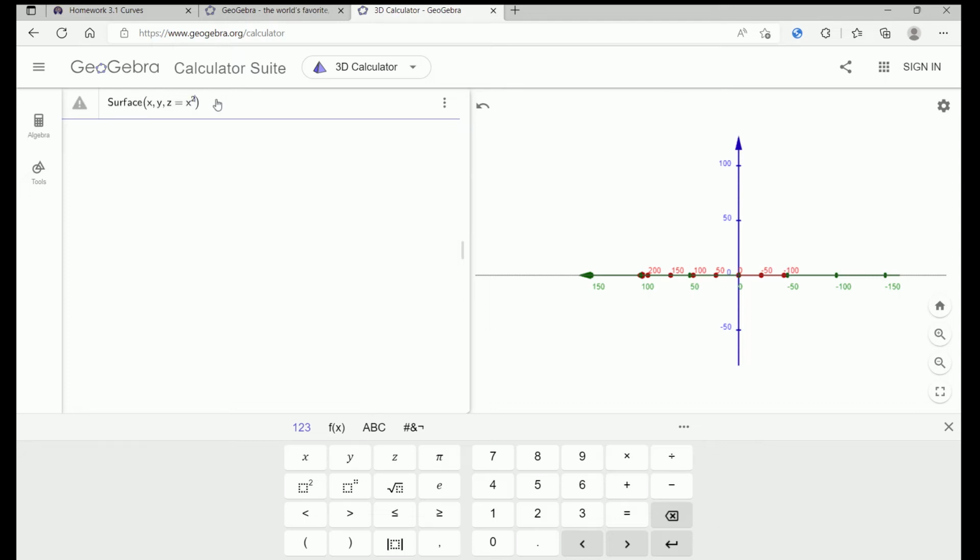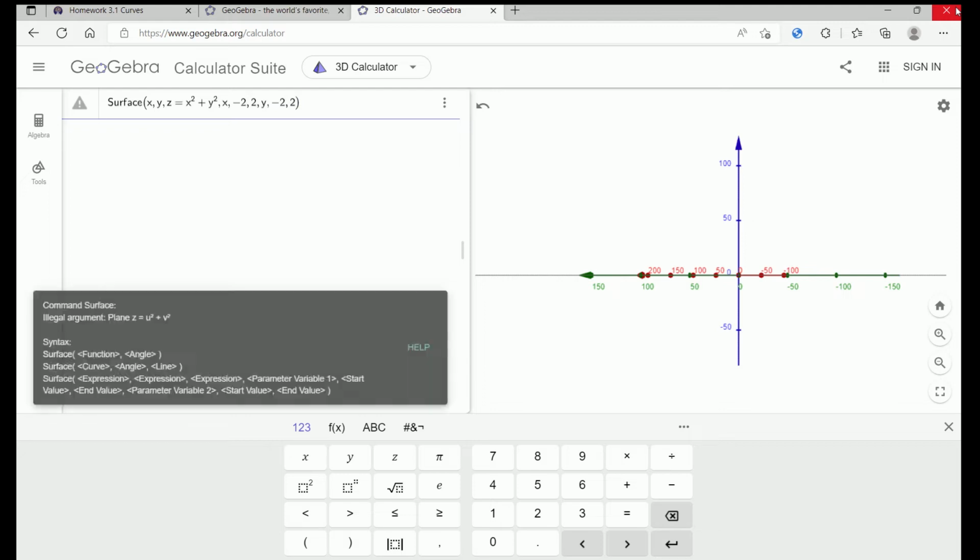It was like x squared plus y squared, for example. And then, again, just like before, you have to give bounds for the parameters, which in this case are x and y. So you have to say x should go between -2 and +2. And then y should go between -2 and +2.